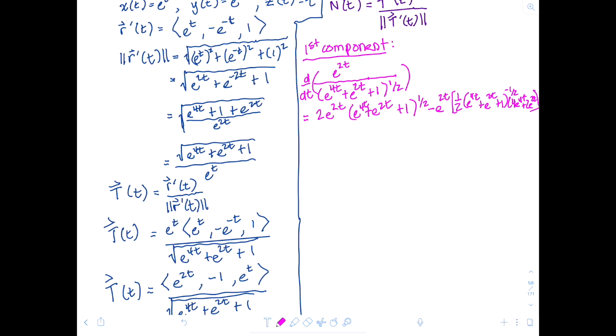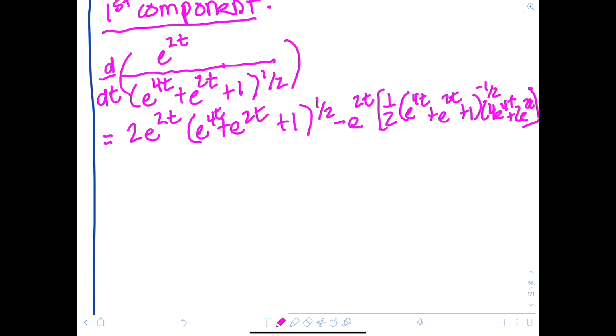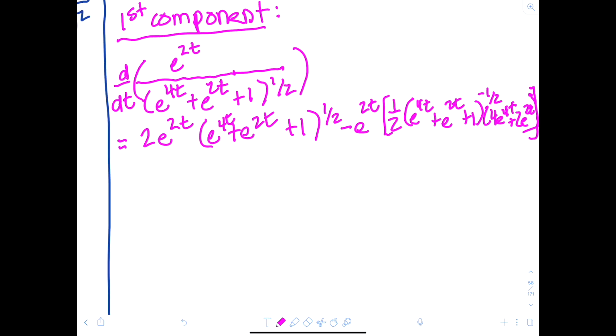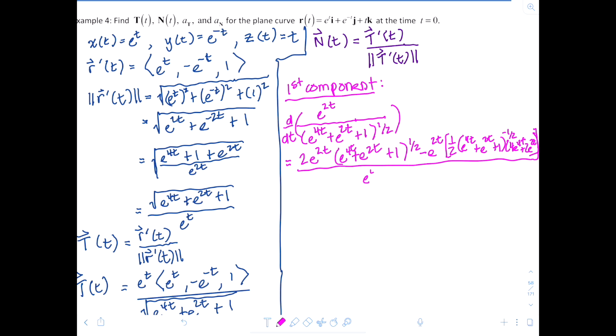Sorry, it's squished in there. I'll zoom in. 4e to the 4t plus 2e to the 2t. Okay? And all of that is over the denominator squared. So that just gives us e to the 4t plus e to the 2t plus 1, without it being a square root. Cool so far?